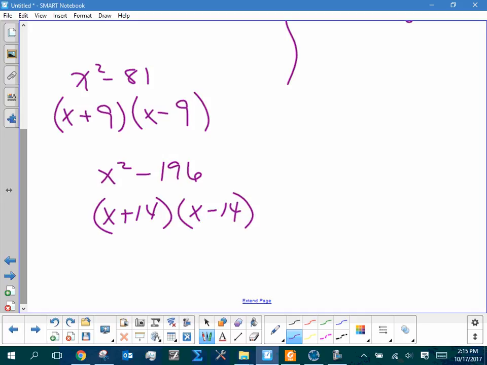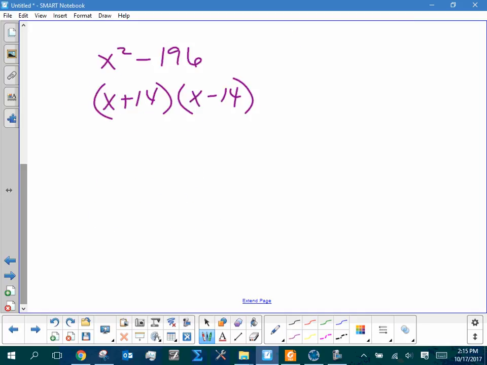Now here's what maybe you didn't talk about last year. If I go x squared minus 20, and I want to factor that, we can still do this. We can still go x and x. Now what's the square root of that? It's not a whole number. It's a decimal, I can't write it as a fraction. It's irrational.